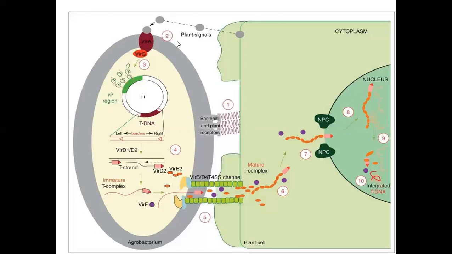The plant cell signals are received by virulent A protein, which is present on the Agrobacterium cell wall.